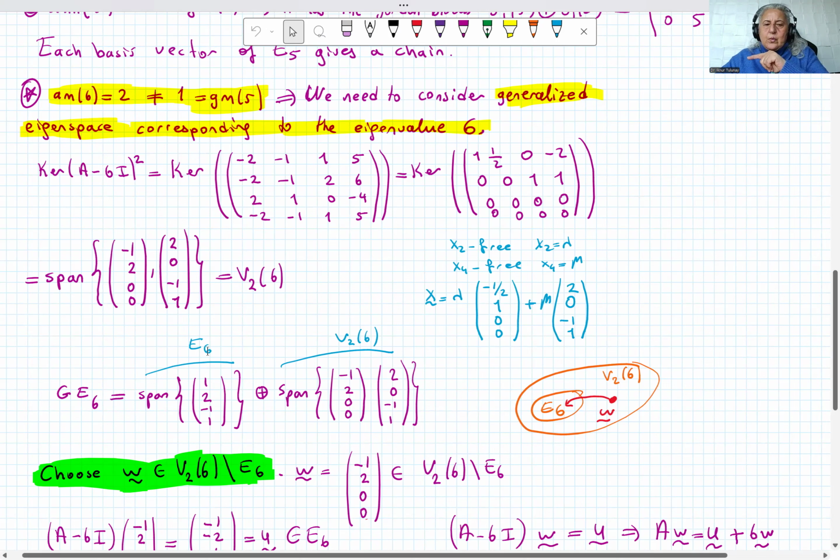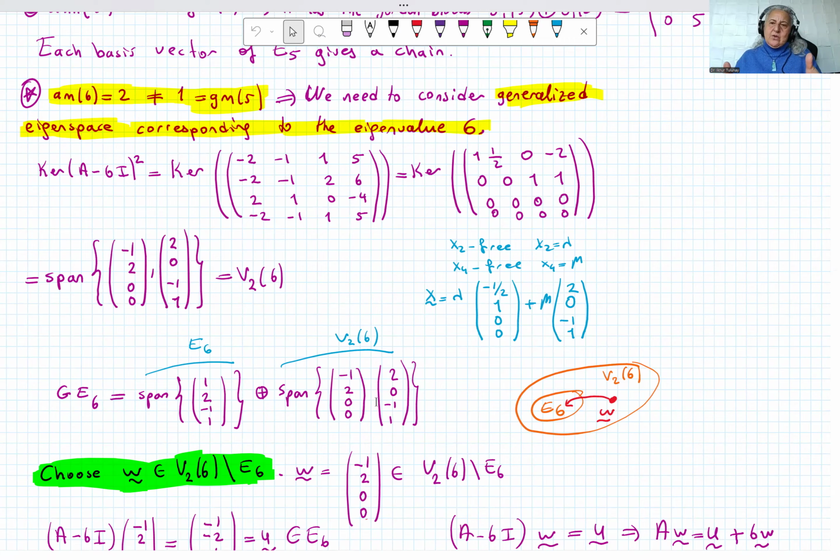So we are going to work out a vector. We will take a vector in this space, but not in this space. And then we will find a chain in order to use that chain to construct the P matrix.